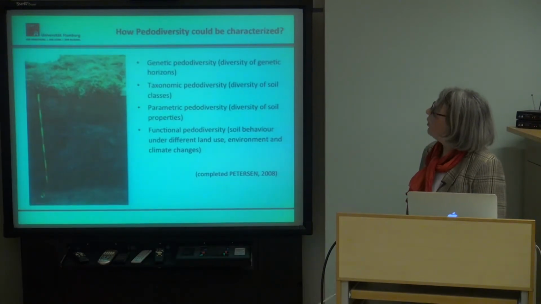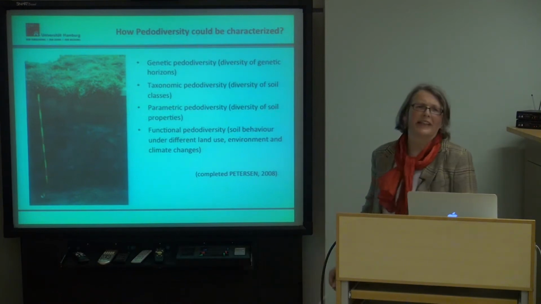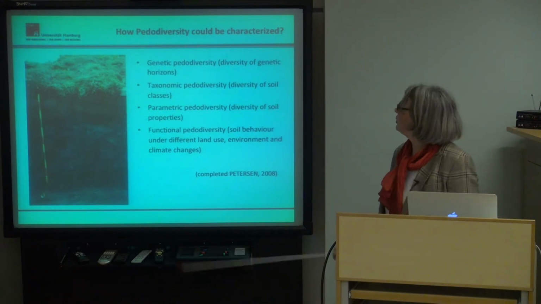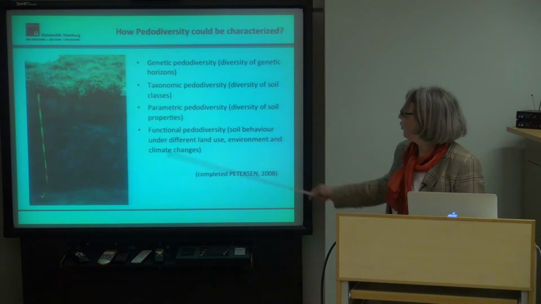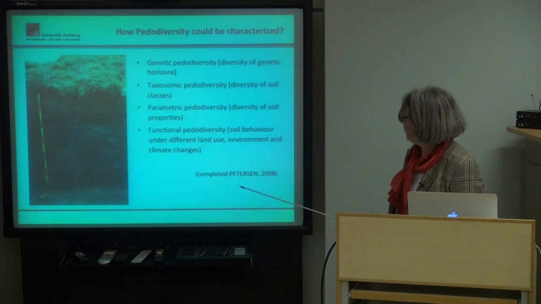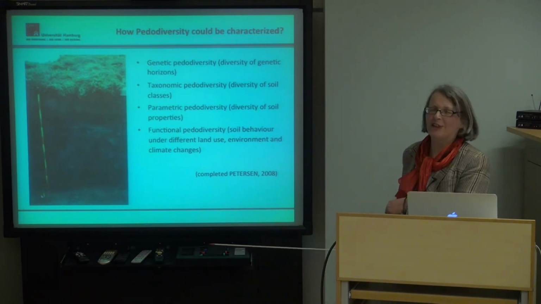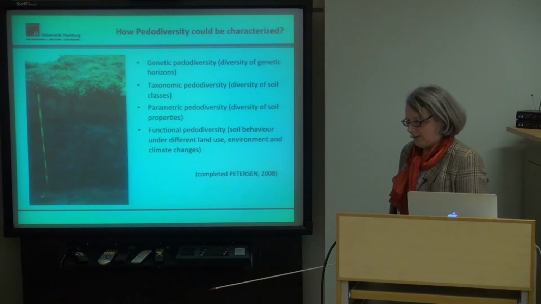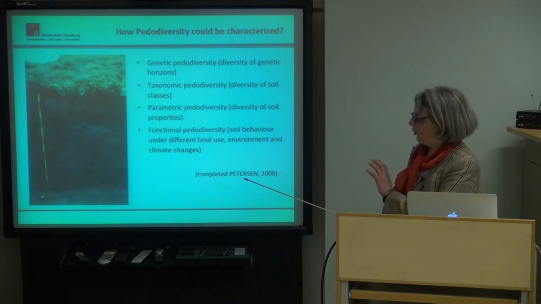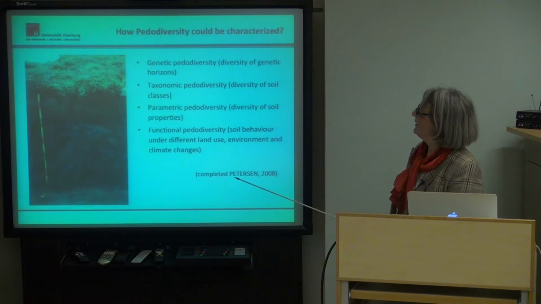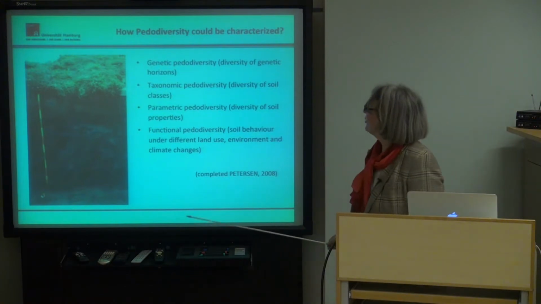We were thinking how pedodiversity could be characterized in these cold regions, and you have four possibilities. I took this from my former PhD student. He's cleverer than me: he left science and went into the economy, earning more money than me, but I still have a good connection with him.